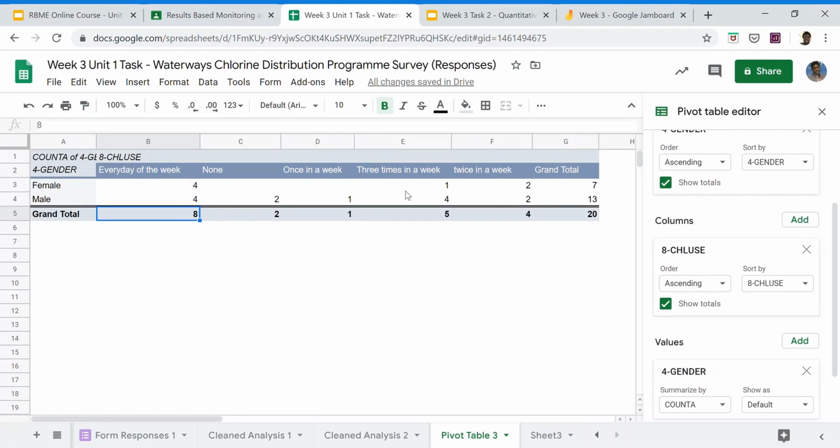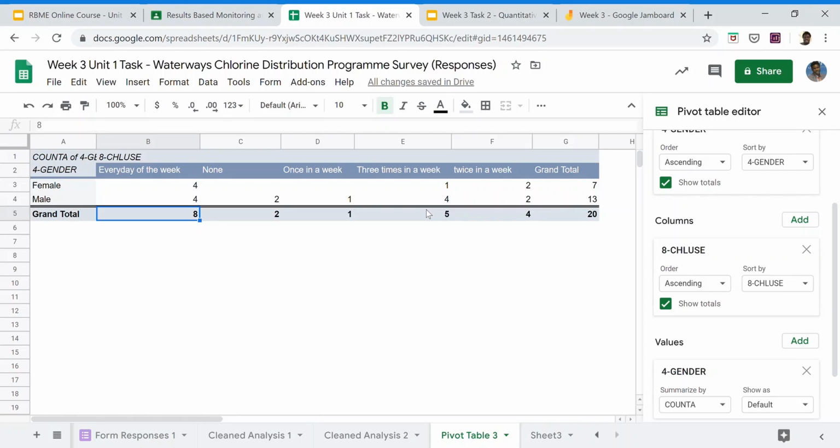And you can say that those that use it 3 times in a week, so if the standard is that you use it at least 3 times in a week, what you will be reporting on in your indicator is 8 plus 5, that's 13.